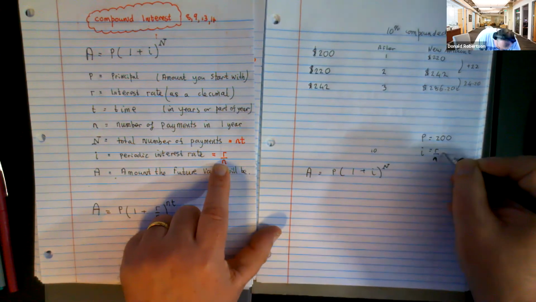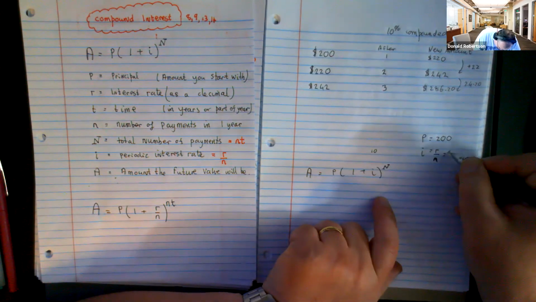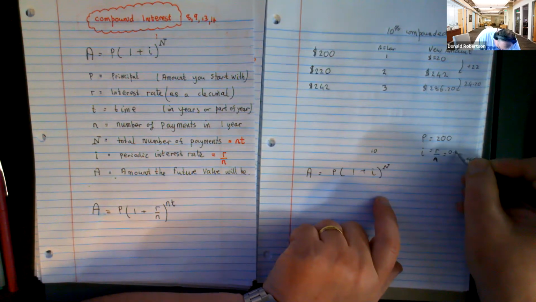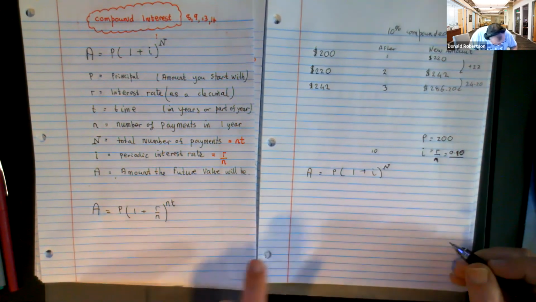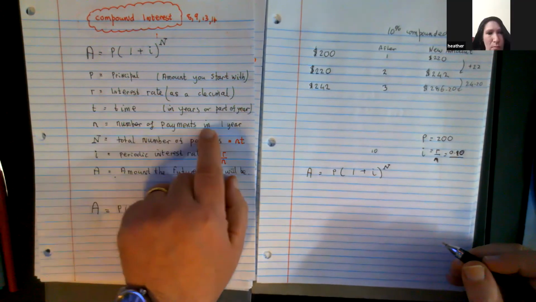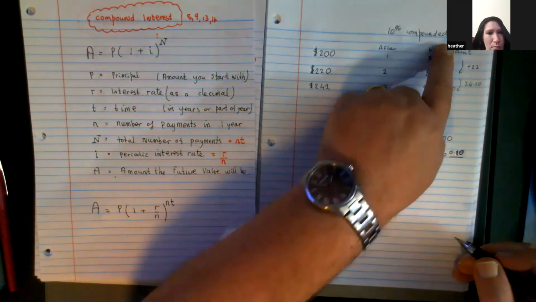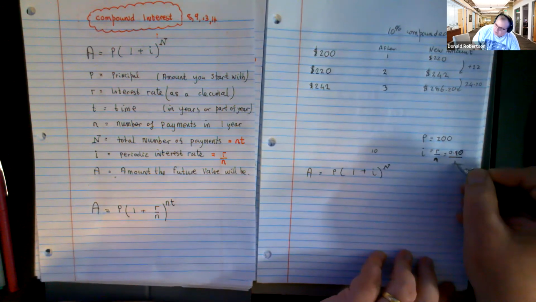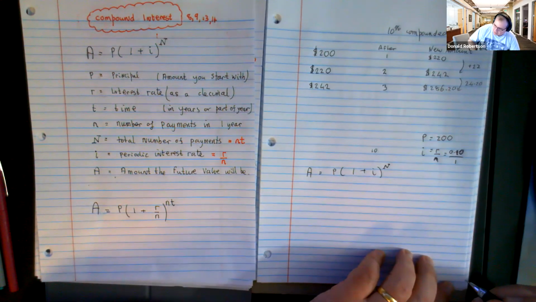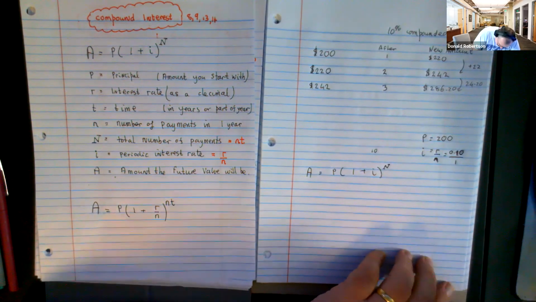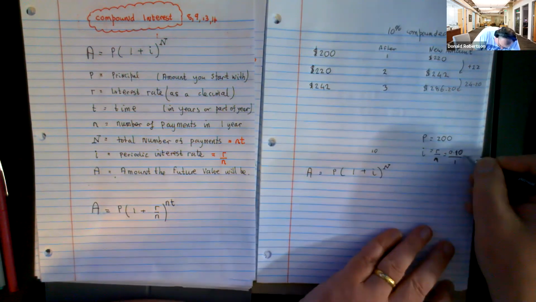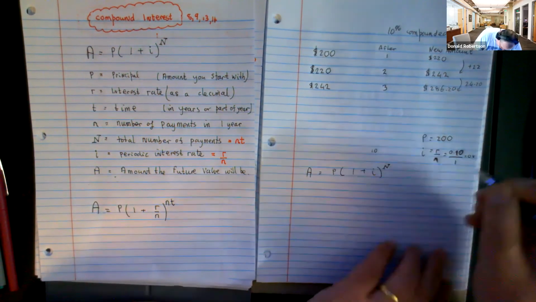Now, R happens to be 10%. In this case, little n is the number of payments you get in a year. Since this is compounded yearly, won't n just be 1? I'm only getting paid once a year, so n is 1. So I ends up being 0.10.